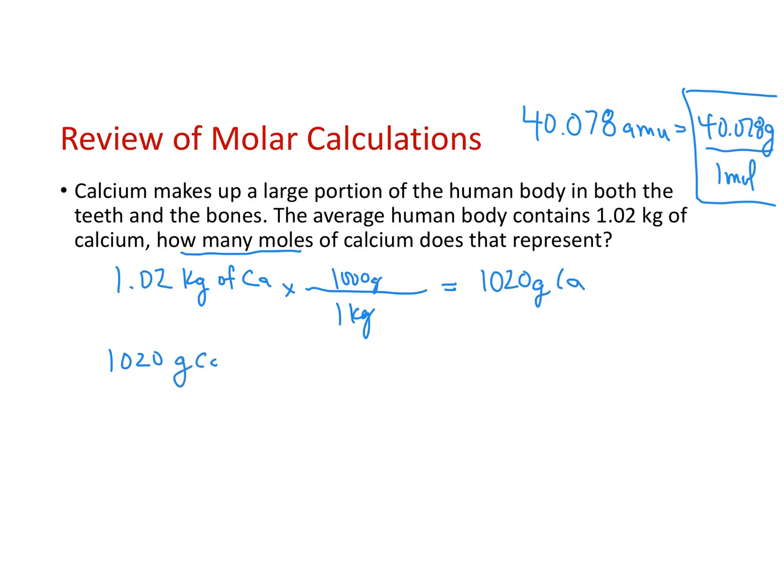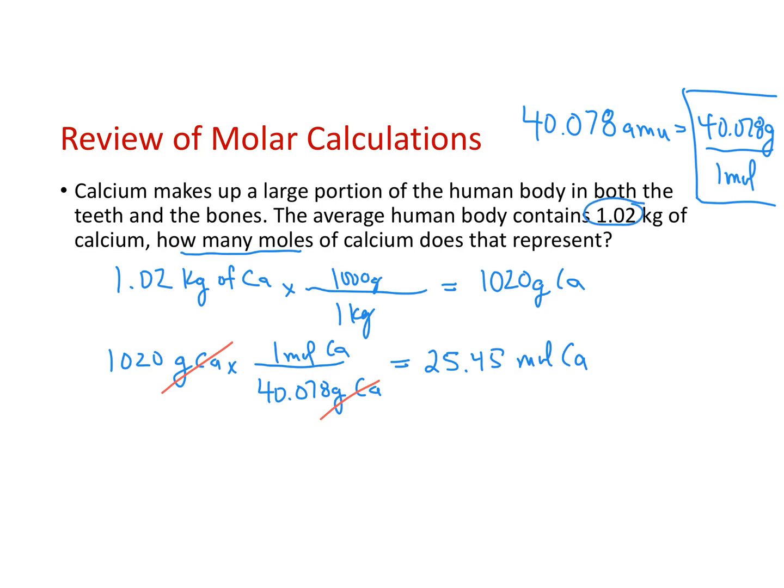Since I want to find moles, I need a conversion factor from grams to moles: for every 1 mole of calcium, I need 40.078 grams. Grams of calcium cancel out, leaving moles of calcium. Dividing 1,020 by 40.078, I get 25.45 moles of calcium.